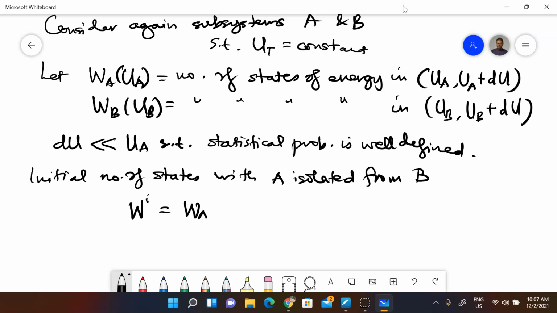It will be just given by W of UA initial, the initial energy of A, multiplied by the number of states for system B, because they are considered independent of each other, at the initial energy UB initial.